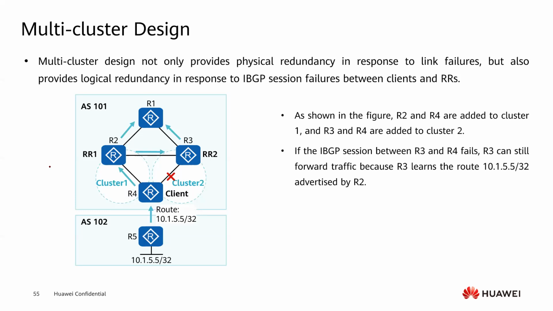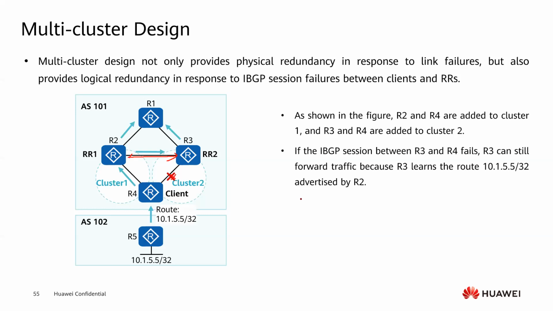You can put R2 and R1 in different clusters. So when the R4 and R3 link fails, R2 can send the message to R3 through the link between themselves because they are in different clusters.